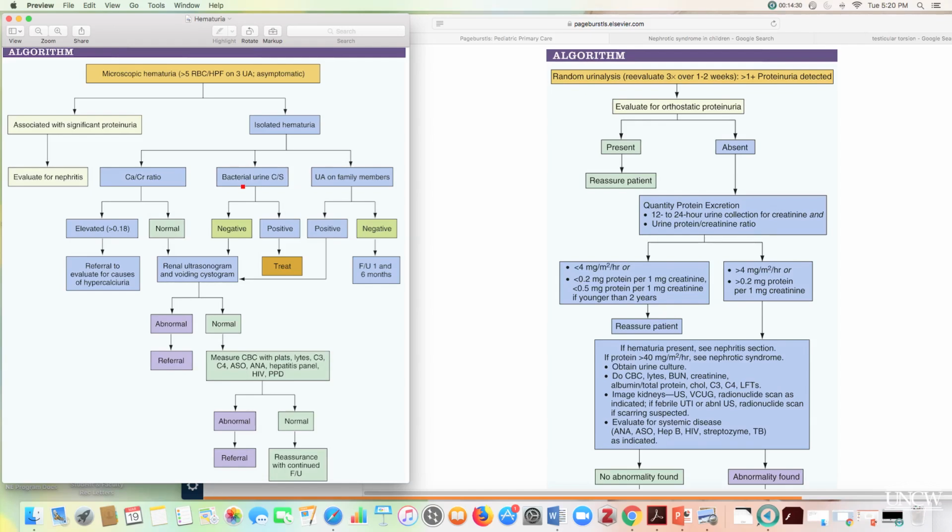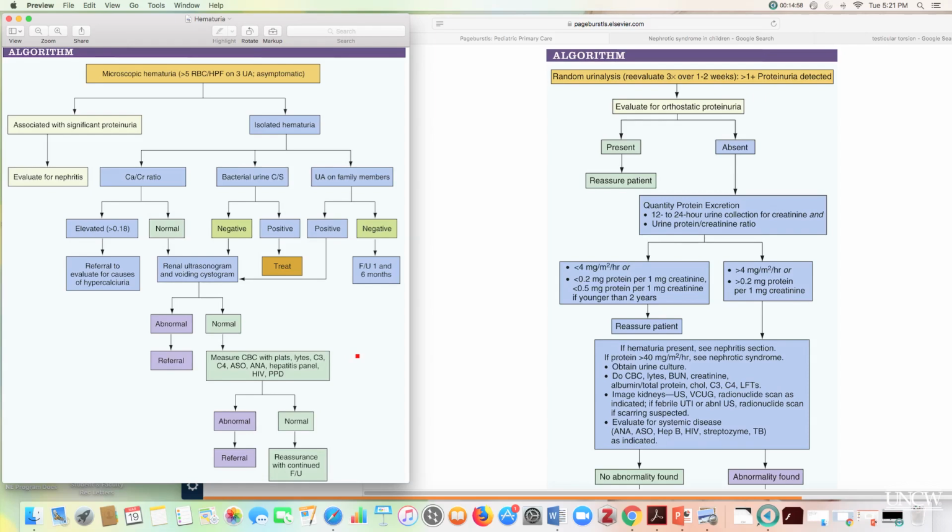We don't necessarily need to do a culture right now. But if they've got isolated hematuria, they may have some kind of stone formation or hypercalciuria or something going on where you want to get a calcium creatinine ratio. Following this algorithm all the way down will give you an idea of how far we need to go with assessing how much of a problem this patient's hematuria is.